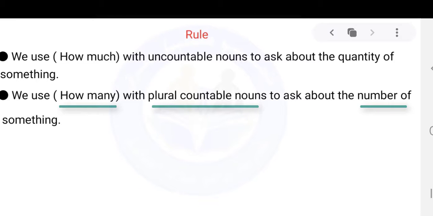So it's very easy. When I ask you in the exam to complete with how many or how much, all you will do is look at the word that comes after the space. Water, how much? Cheese, how much? Cake, how much? Cookies, how many?